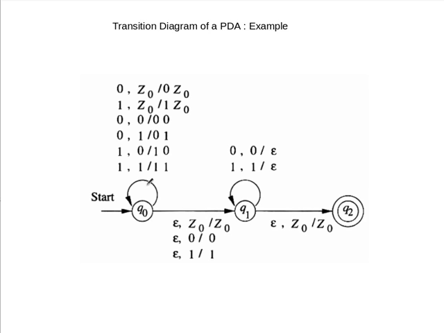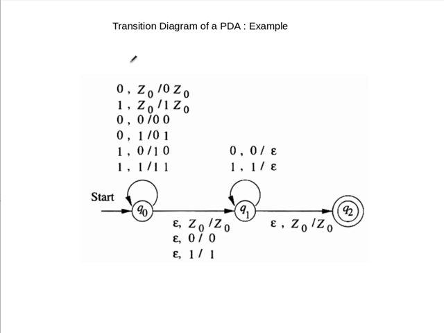So like we had this transition diagram for FA, with epsilon in FA or whatever, we can also draw this sort of transition diagram for PDA. Now this picture is taken from Hopcroft, Motwani, Ullman.